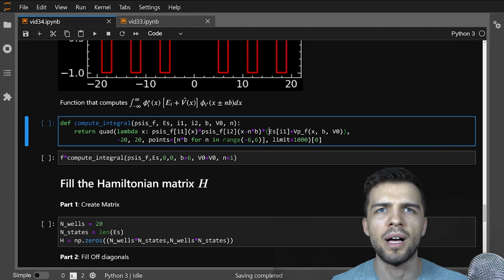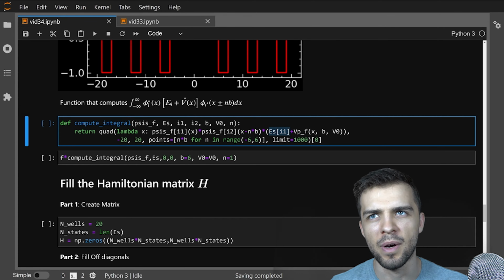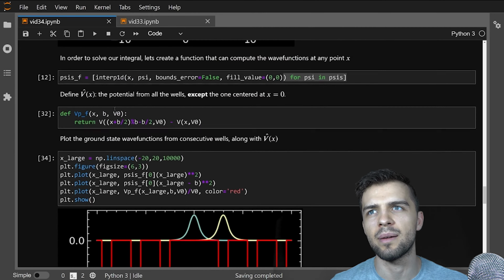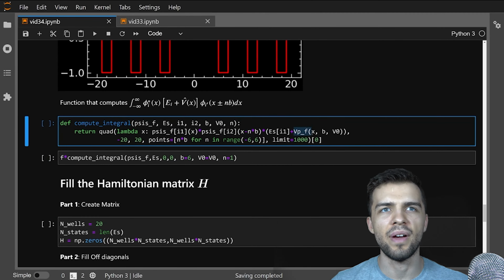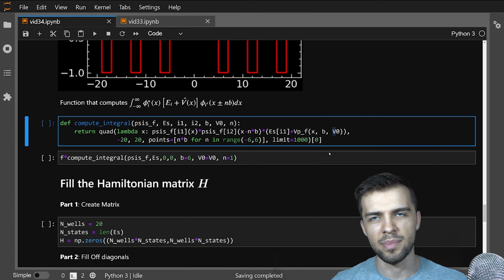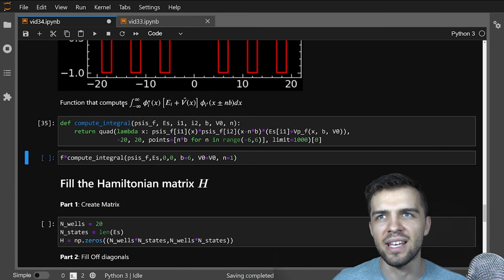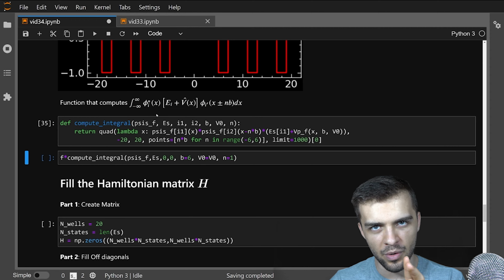And then I also multiply by my energies corresponding to I, plus this v prime function that I defined up here above, of x, the well spacing, and then of course the potential scaling. And I'm going to integrate from negative 20 to 20 to make sure I get everything that I need.